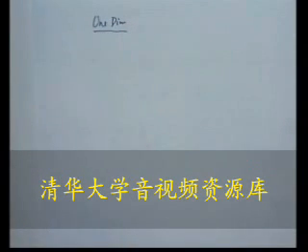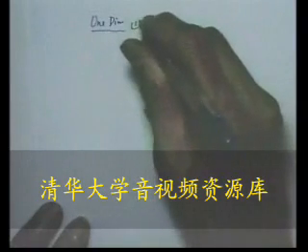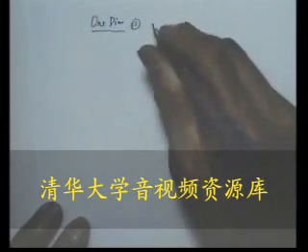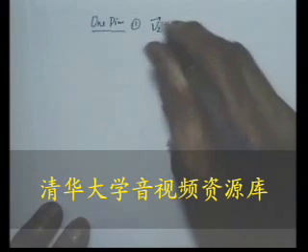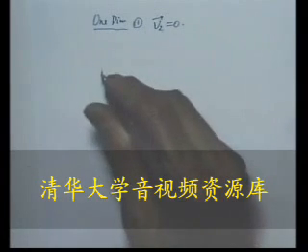Let us now talk about a special case that there is only one dimension. And let us first talk about the case where originally V2 is zero. In other words, we are talking about two bodies.